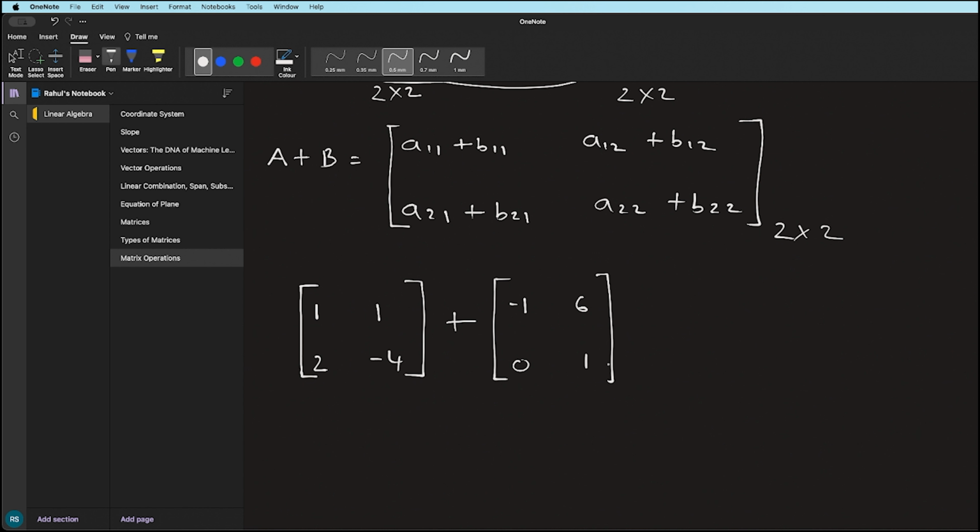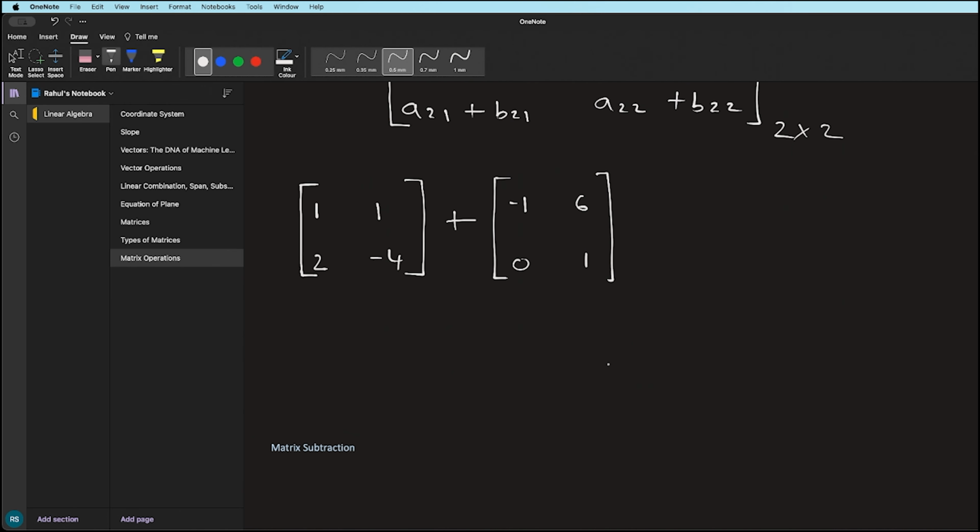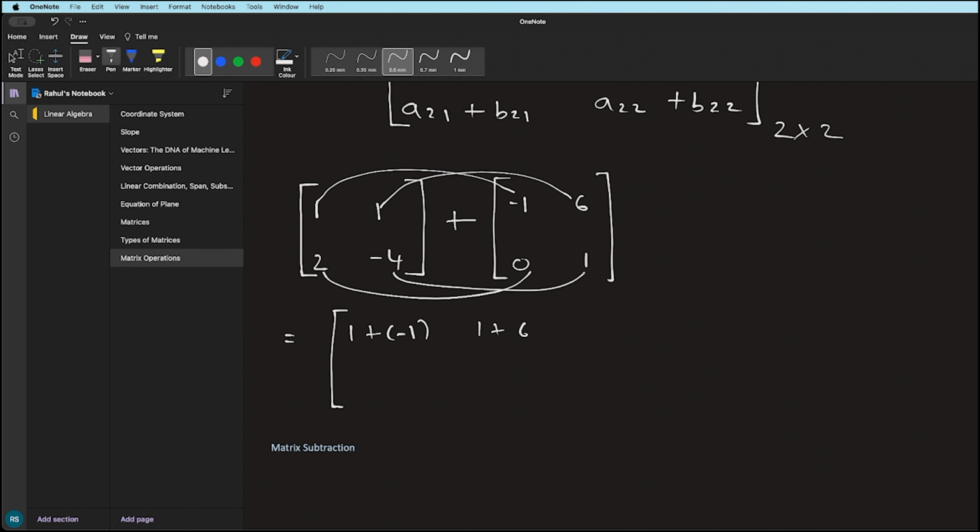So if I want to add these two matrices, each entry will be added with its corresponding entry, that is 1 plus minus 1, then this will be added with 6, so 1 plus 6, then 2 plus 0 and minus 4 plus 1.